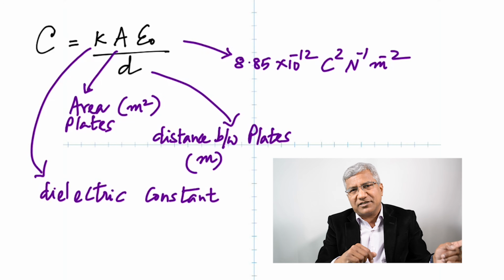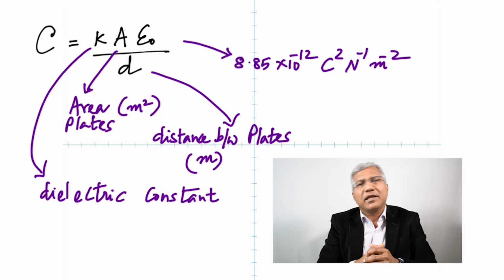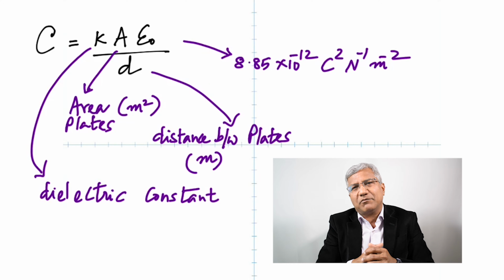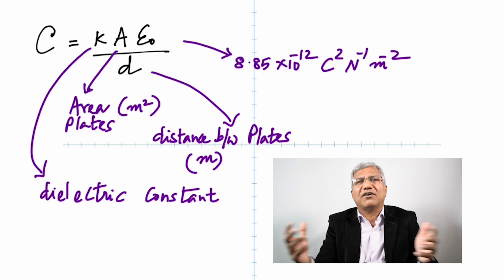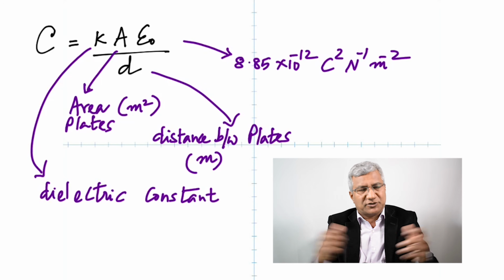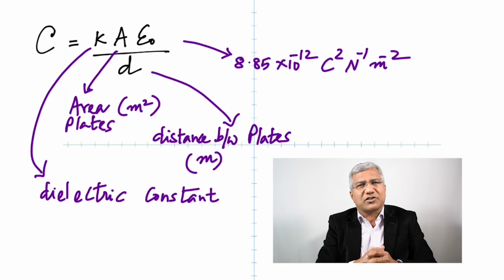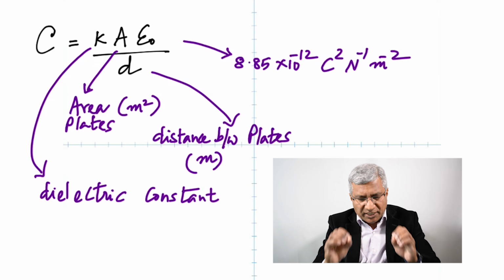So there it's current for resistors, here it's charge for capacitors. What quantity stays the same whenever resistors or capacitors are connected in parallel? Yes, it's the voltage. Any electrical component connected in parallel, whether it's resistors or capacitors, whatever, the voltage will be the same.